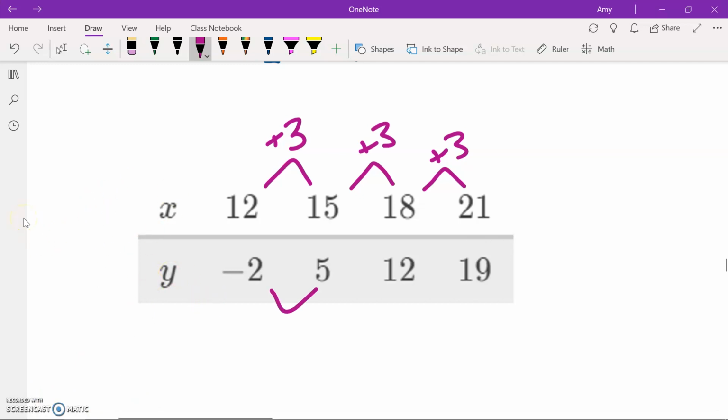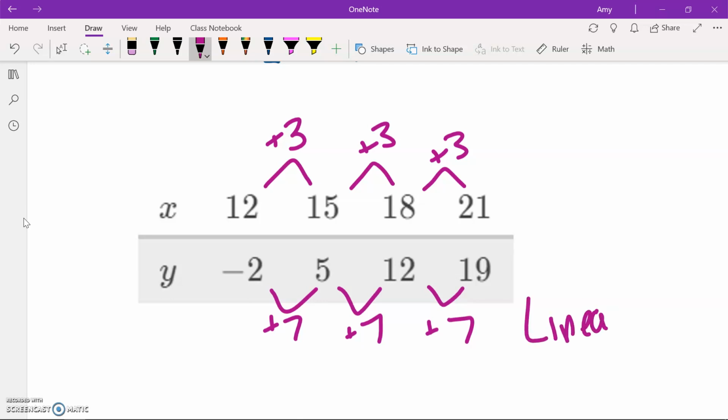If I'm looking at addition, that is plus 7. 5 to 12, that is also plus 7. 12 to 19 is plus 7. So what does that tell us about our function? That tells us that it is a linear function because the y's are changing by an added value every single time.